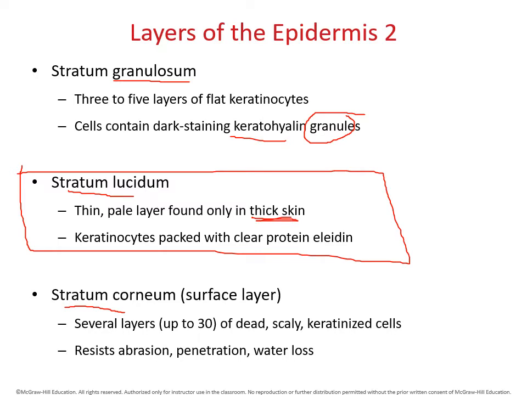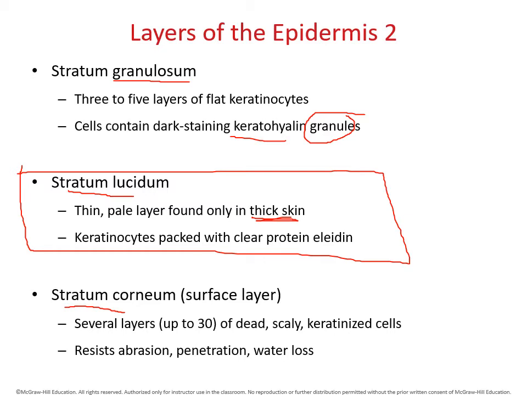It is exclusively found in the palms of the hands and bottom of the feet, so only in thick skin. It gets its name because it produces a clear protein called eleidin. This is all done in a mechanism of packing up as much keratin as possible in our epidermis layer. So the stratum lucidum only in thick skin.